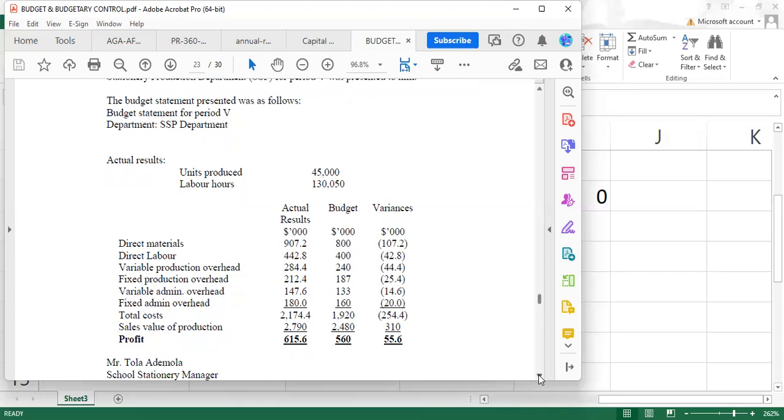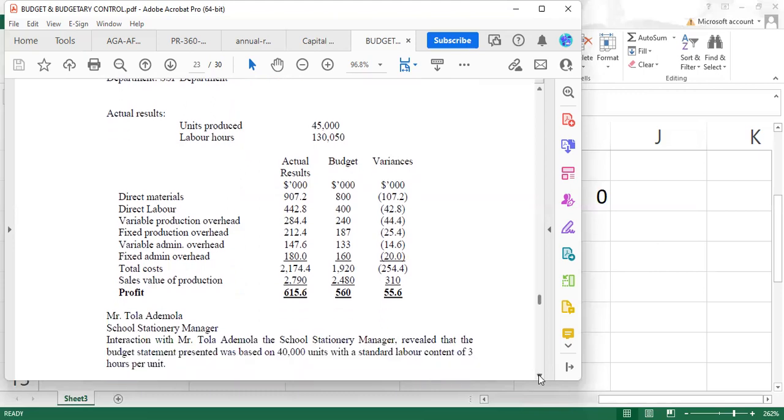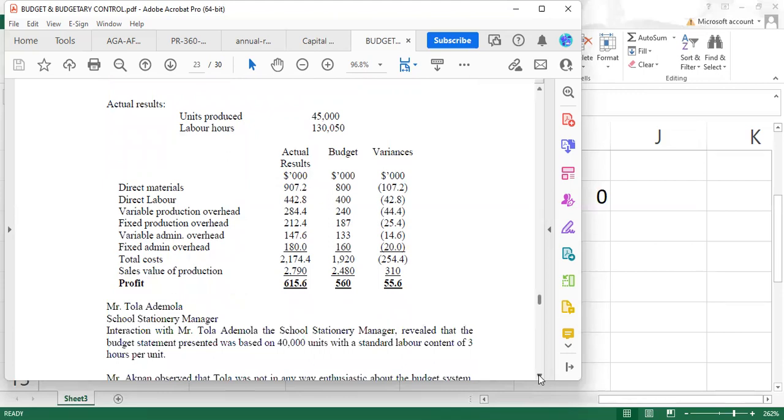We have our budget 1,920, and then our variance to be negative 254.4. Sales value of production, 2,790 actual, budget is 2,480, and then the variance is 310. Then we have the profit, which is 615.6 of actual results, budget is 560, and then the variance is 55.6. Mr. Tola Ademola, school preparatory manager.